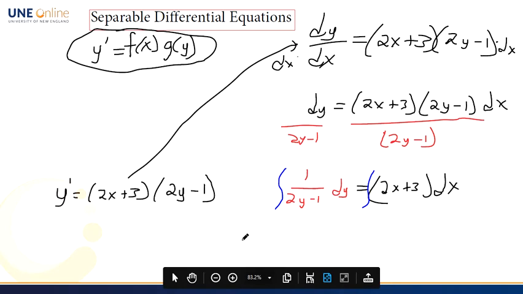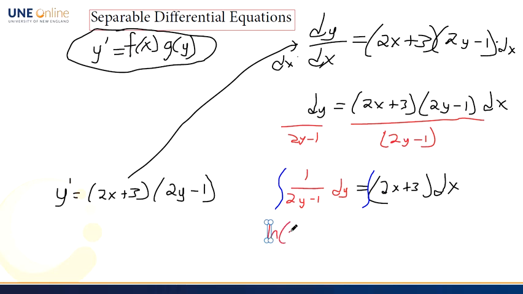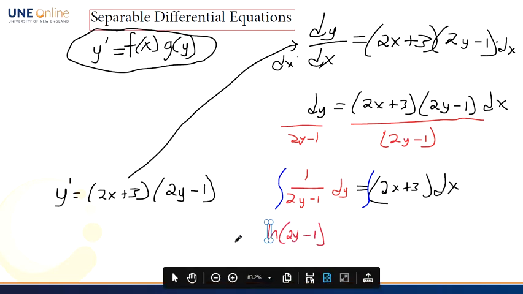because if we just said that the indefinite integral of 1 over 2y minus 1 was natural log of 2y minus 1, we'd be close. But think about when you take this derivative with respect to y of natural log of 2y minus 1, that's going to be 1 over 2y minus 1 times 2 because of the chain rule.